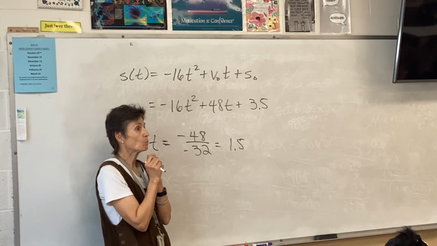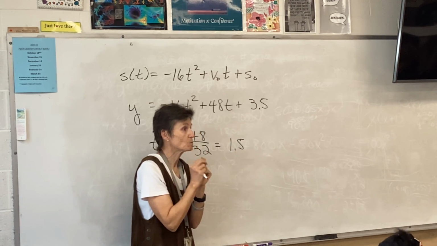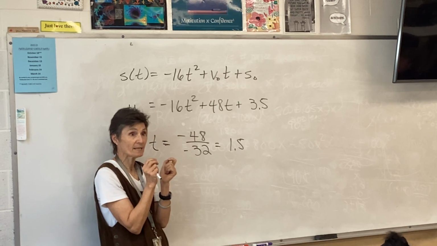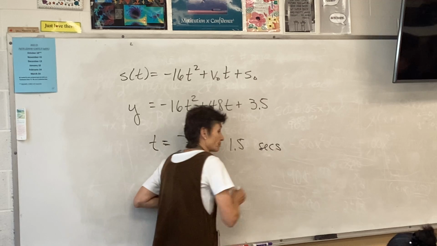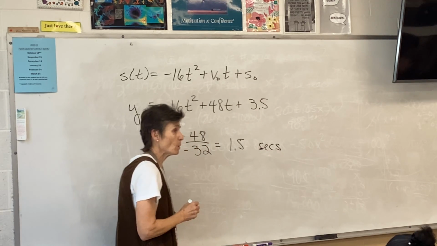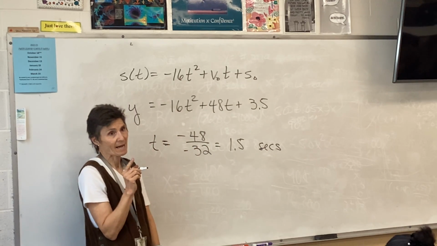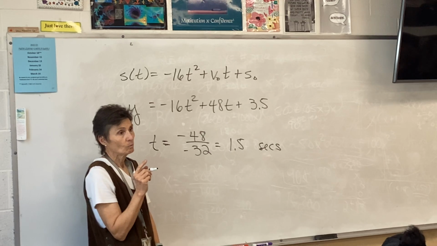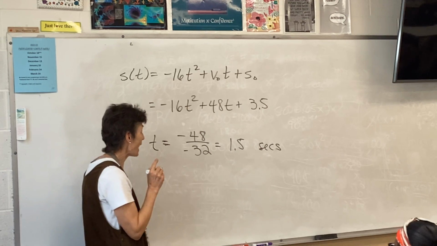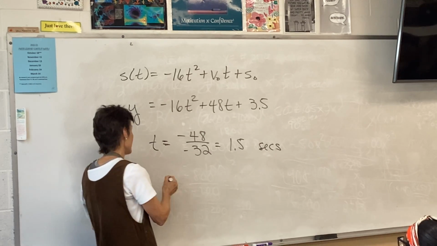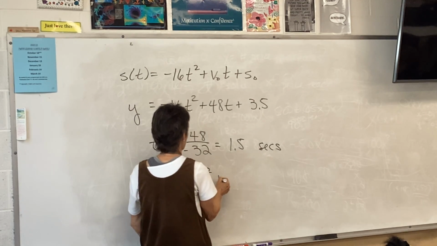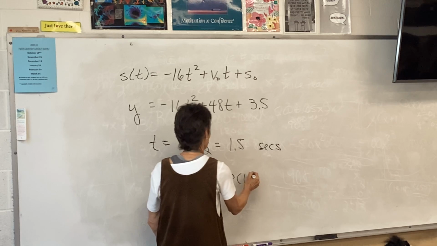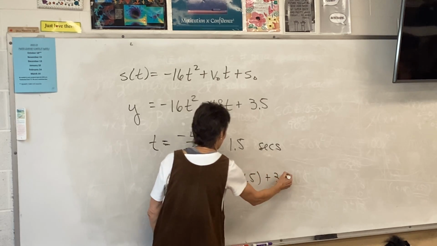So one of the questions was, when does the ball reach its maximum height? 1.5 seconds. Now the other question is, what is the maximum height? Well, how are we going to figure that out? Plug it in. So negative 16 times 1.5 squared plus 48 times 1.5 plus 3.5.